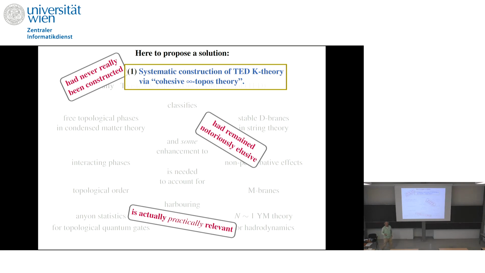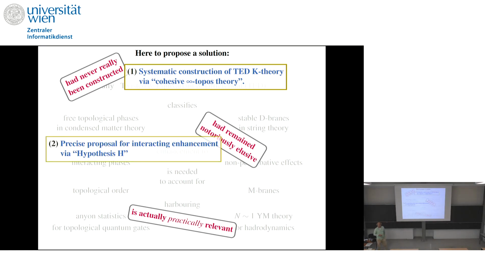So my first claim is going to be, and I'll briefly indicate this, that there is a systematic construction of twisted, equivariant, differential, generalized cohomotopy theories in full generality, in particular of K-theory, which is transparent, elegant, and useful in practice, in a context that we call cohesive infinity-topos theory. So that's a general context of geometric higher homotopy theory. That is a technical, not too surprising claim that amounts to giving some precise definitions and proving some good theorems.